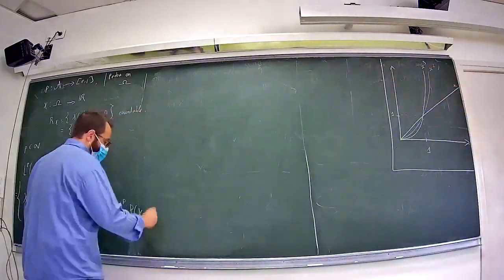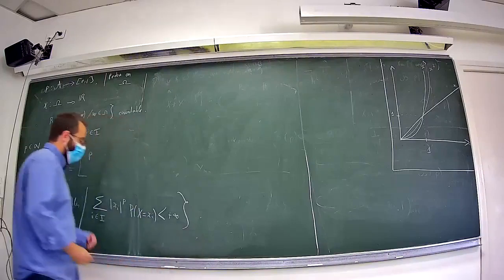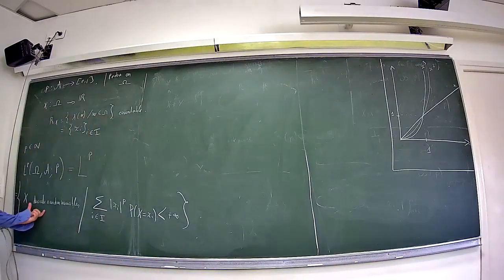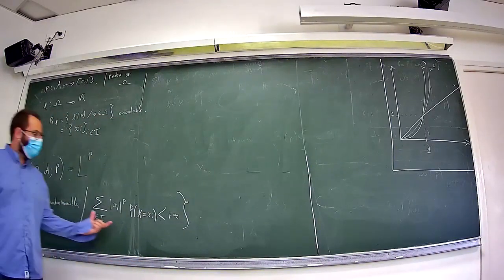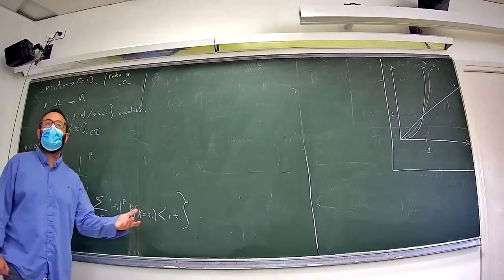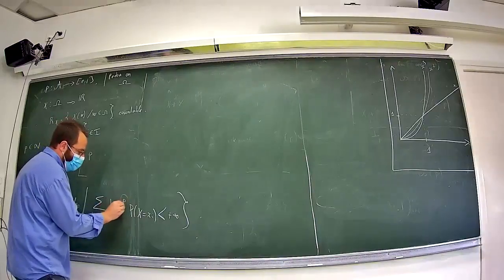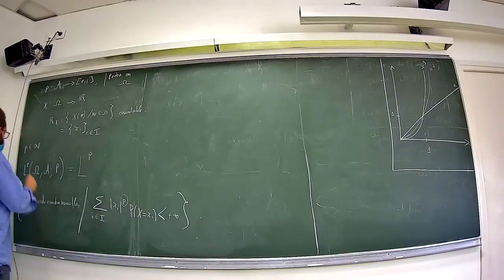And I want this sum to be finite in this situation. So it's the set of the random variables that are discrete such that this sum exists and is a finite number, not plus infinity. And the p you have here is the p you have in the definition of L^p.